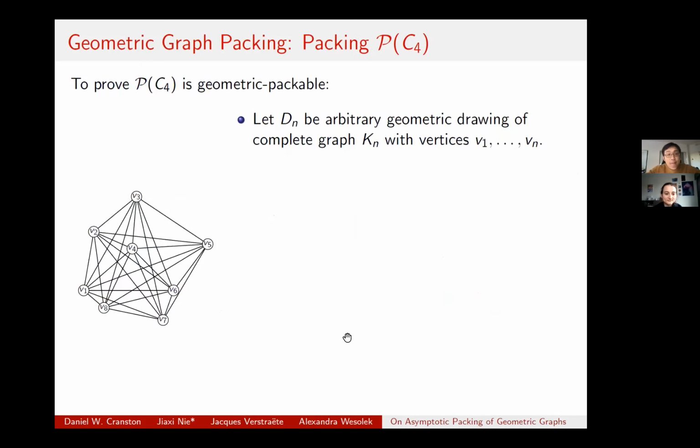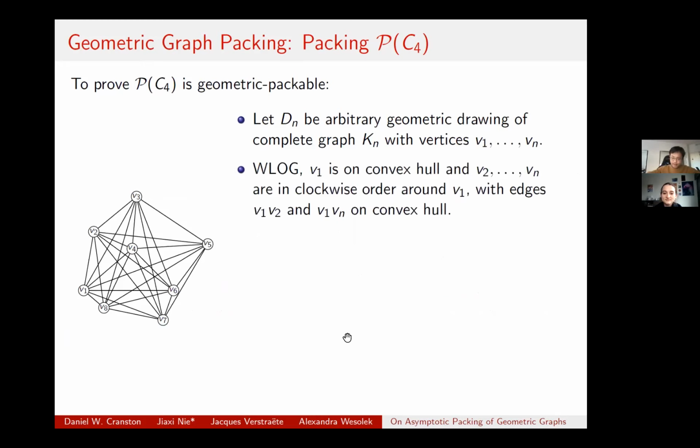To prove that P of C4 is geometric packable, first, we let Dn be an arbitrary geometric drawing of the complete graph Kn with vertices V1, V2 up to Vn. Without loss of generality, we assume that V1 is on the convex hull and V2 up to Vn are in clockwise order around V1, with edges V1V2 and V1Vn on the convex hull.